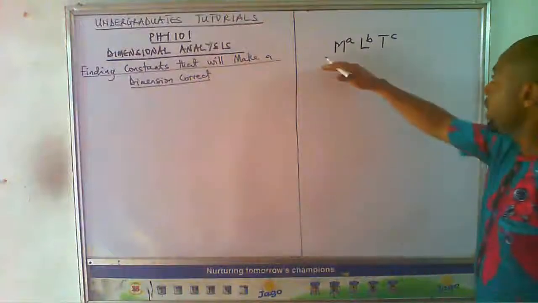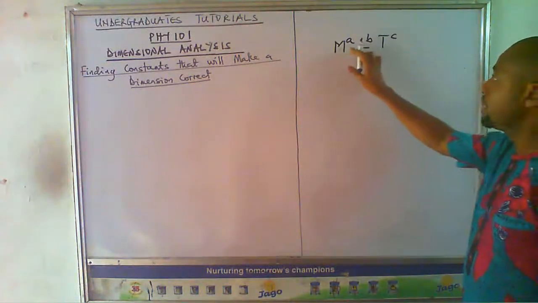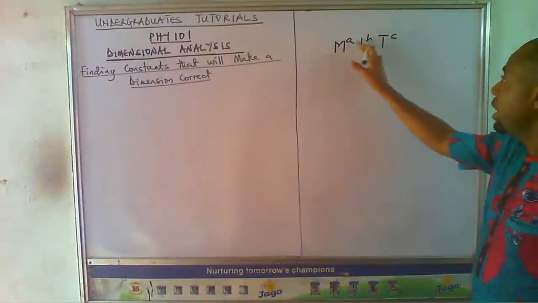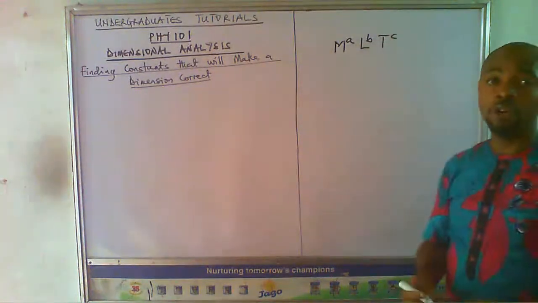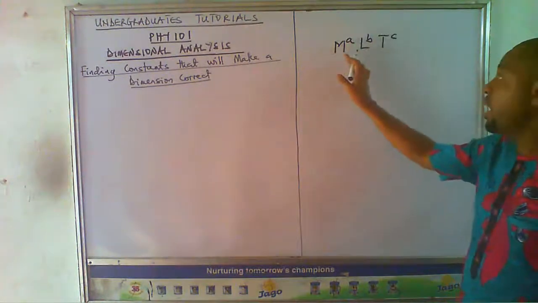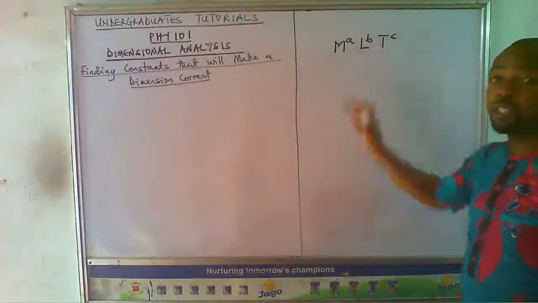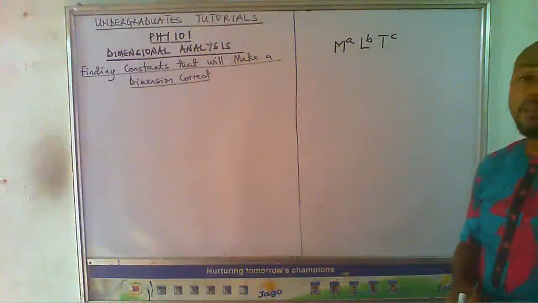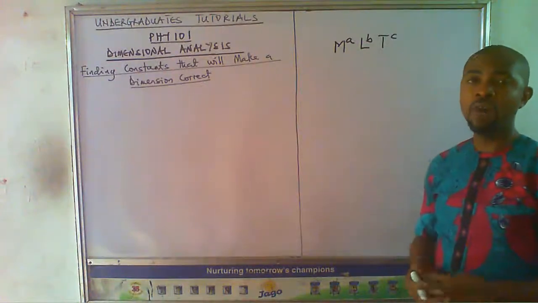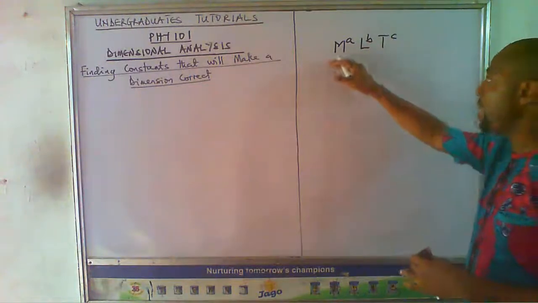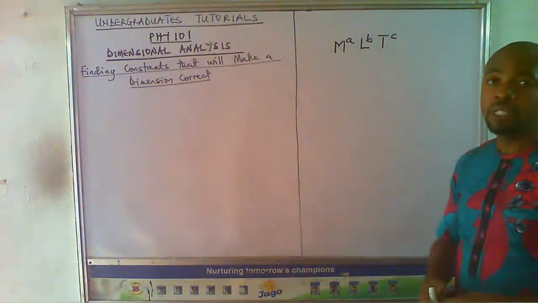We know we cannot actually state the quantity that has this dimension because we have unknown constants. A, B, and C are all unknown. We're supposed to know the powers or the exponent of M, L, and T in order to ascertain which quantity has this particular dimension. So our business is how do we find these constants that will make a dimension correct.